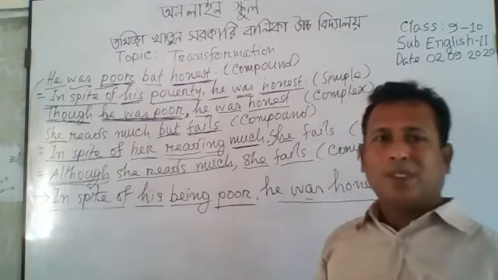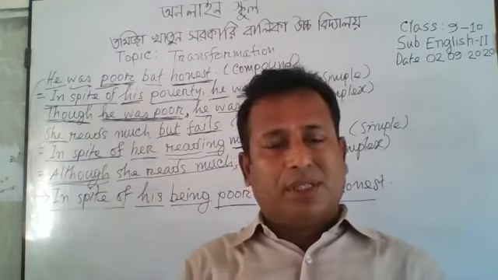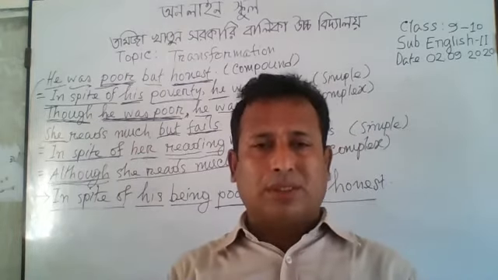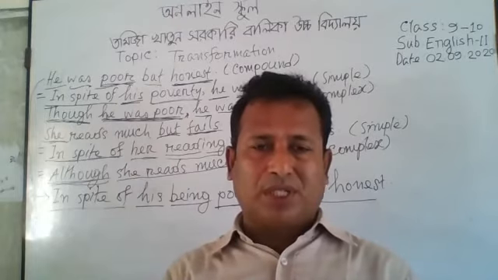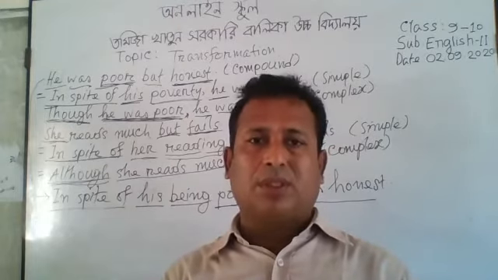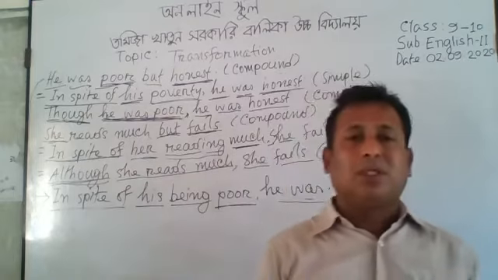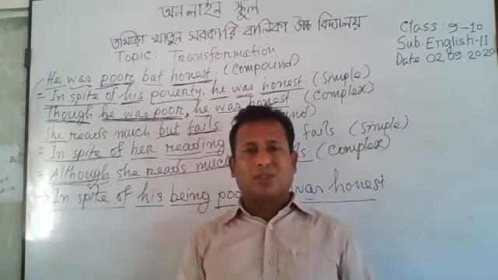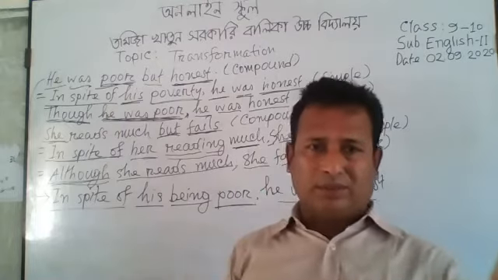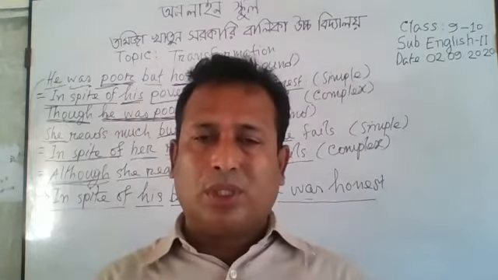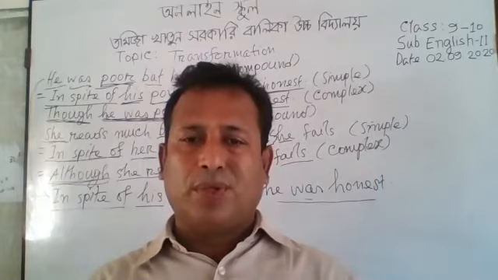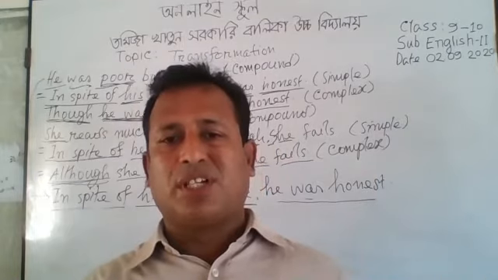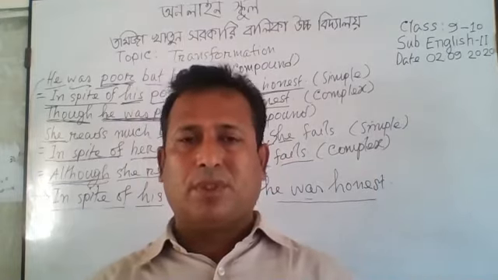So it is really very easy for you to change the compound sentence with but into complex. Just one thing: you will use although or though before the first clause. Number one.